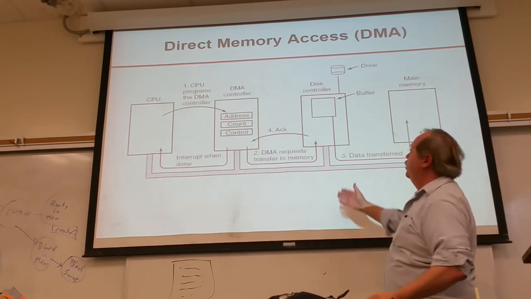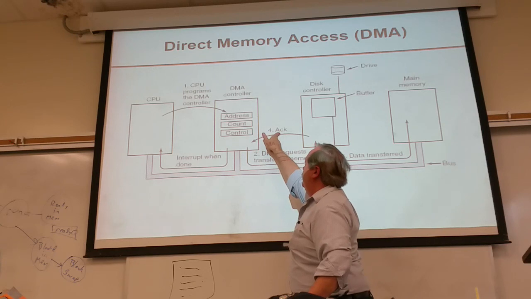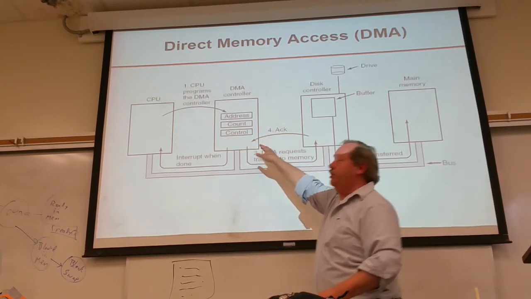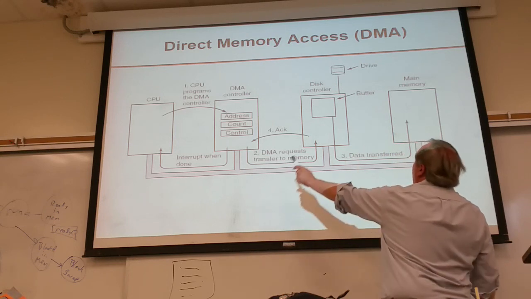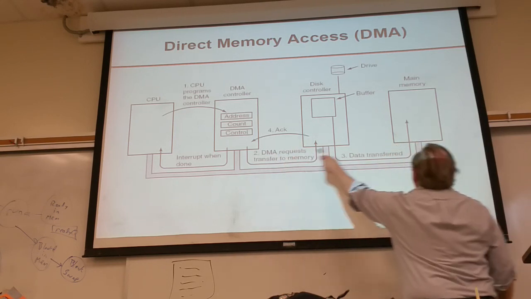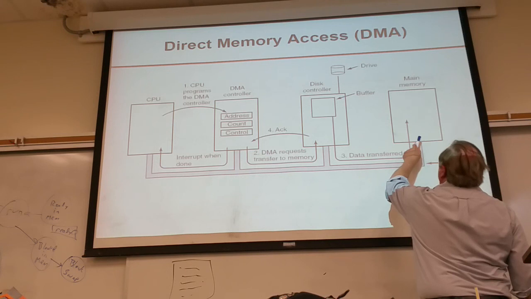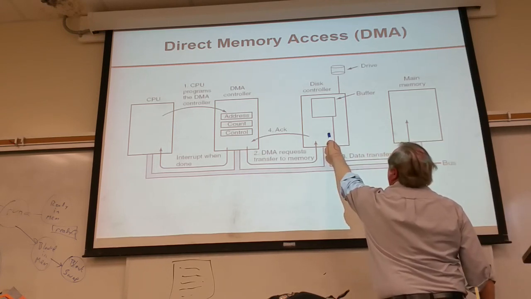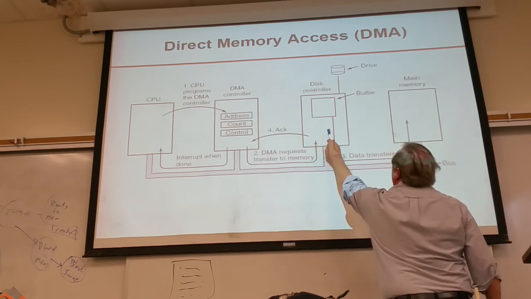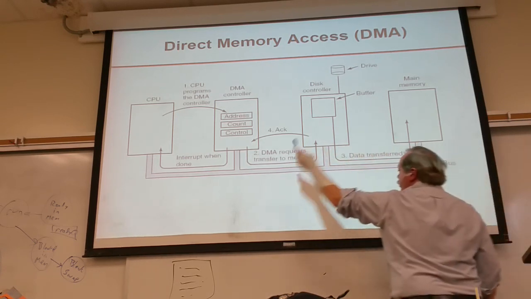When it gets the ready status word back, it checks the ack with the return value, to make sure that's correct for the control word that it was given. And at that point, the DMA controller will then initiate the data transfer either from main memory to the disk controller, or from the disk controller to main memory, depending upon whether it's a read or write.